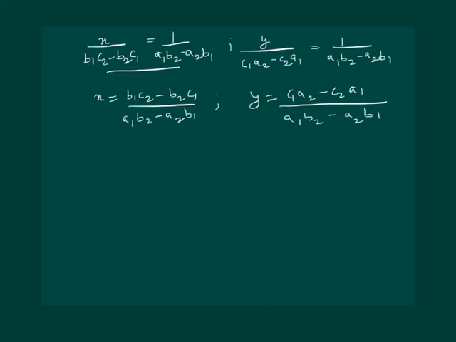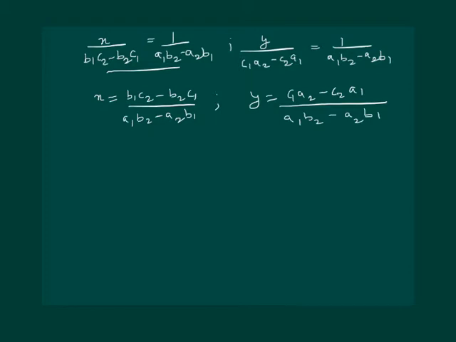If we remember the diagram, no need to remember x and y in terms of a1, a2, b1, b2. It is more important to understand the method of cross multiplication.